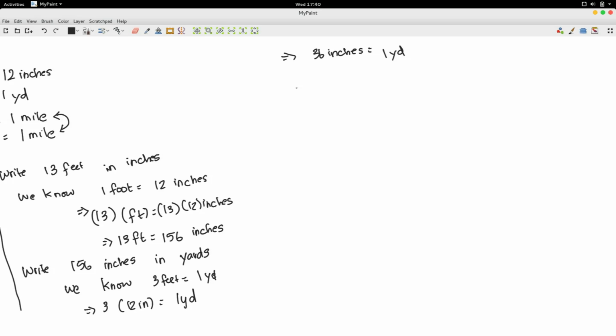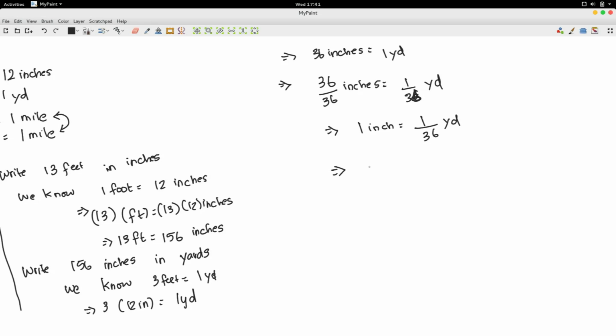Now I'd like to write 156 inches in terms of yards. The first thing to do is divide both sides by 36. Then I'll get 36 over 36 inches equals 1 over 36 yards. So this would mean 1 inch would be equal to 1/36 of a yard.